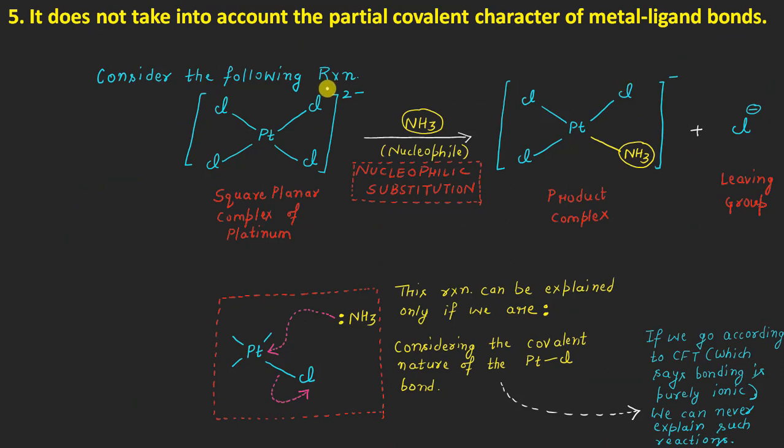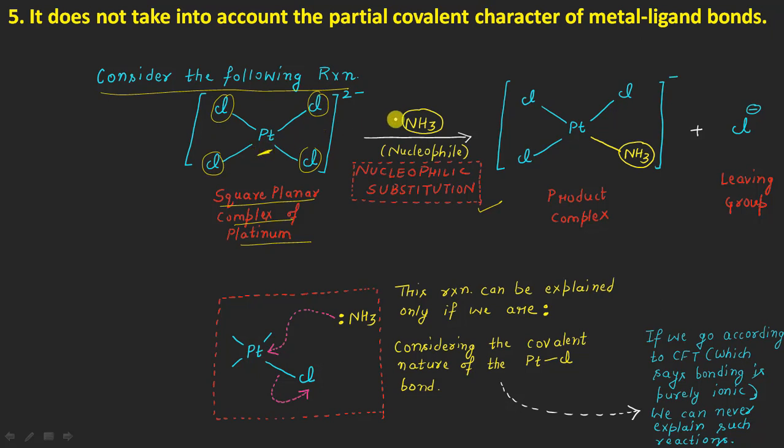In order to understand this point, please consider the following nucleophilic substitution reaction, in which you can see there is a square planar complex of platinum, with 4 chloro ligands here, and at the center is our metal ion, that is the platinum, okay?